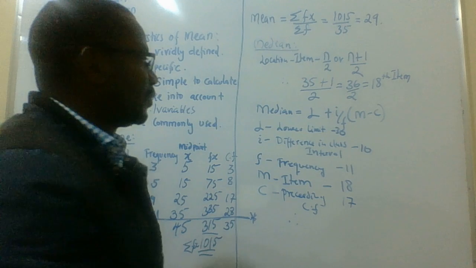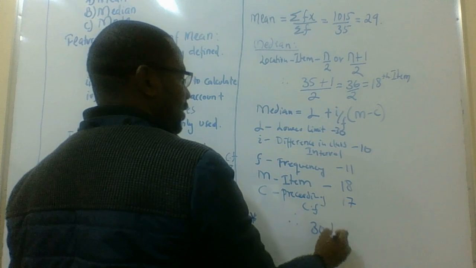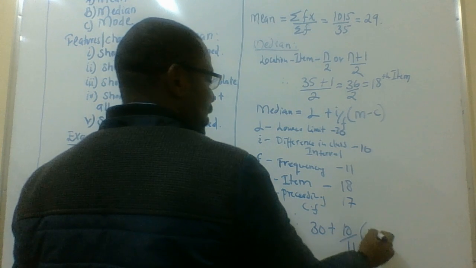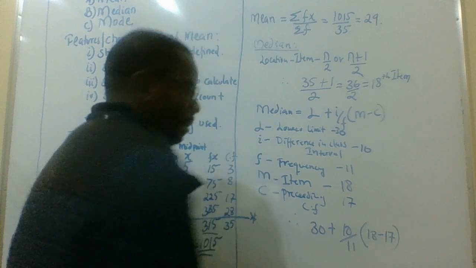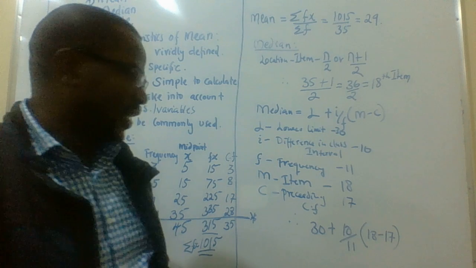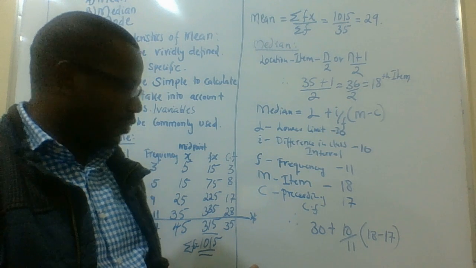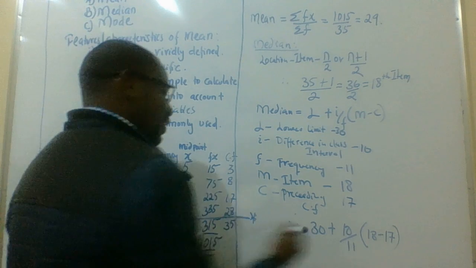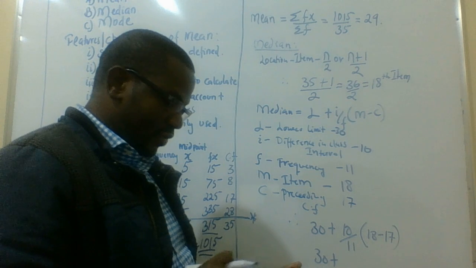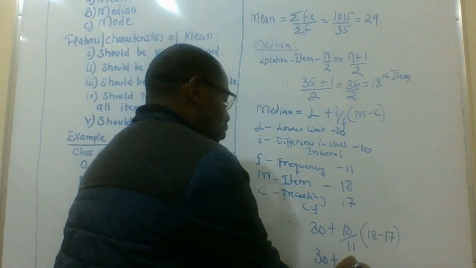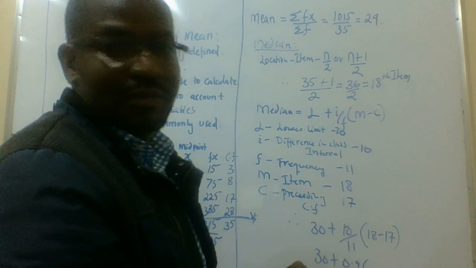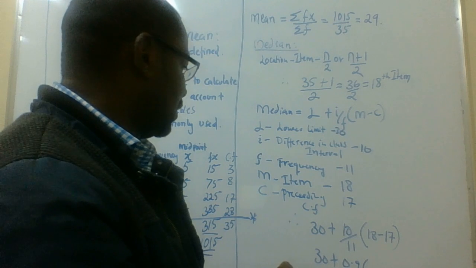Therefore, we are talking about 30 plus 10 divided by 11 into brackets 18 minus 17. 10 divided by 11 is 0.9, into brackets 18 minus 17 is 1.